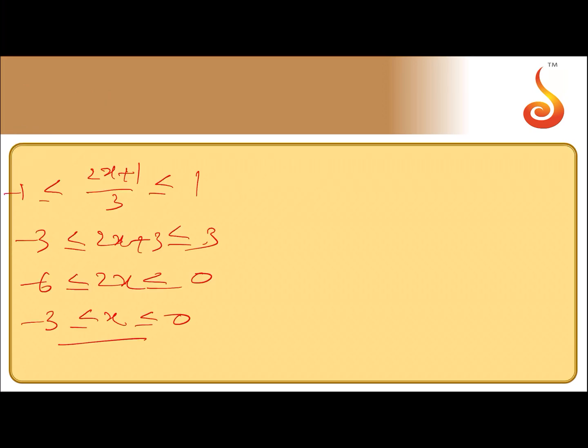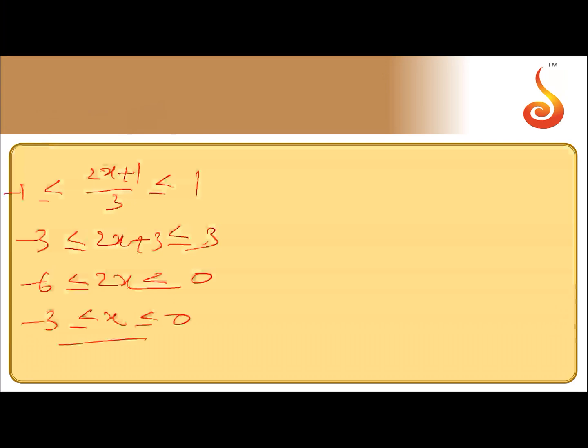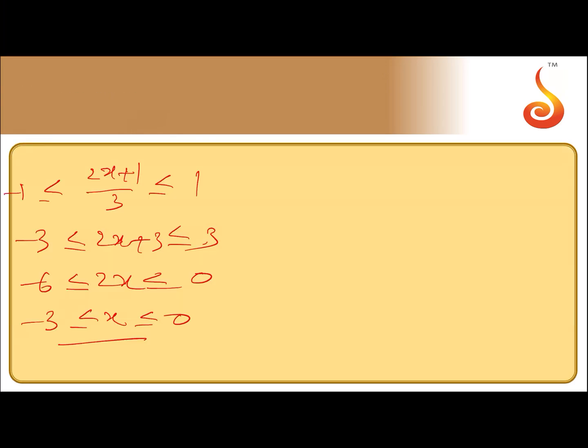Minus 2 or minus 3? Because you are dividing by 2, it is supposed to be minus 3. I think 3 threes are 6. I hope I will be getting minus 3 only. No chance for that one. So minus 3. Let me check once again. It's (2x plus 1) by 3, so (2x plus 1) by 3 lies between minus 1 and plus 1, and therefore 2x plus 1 lies between minus 3 and plus 3.